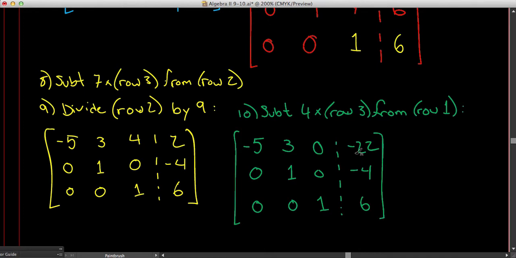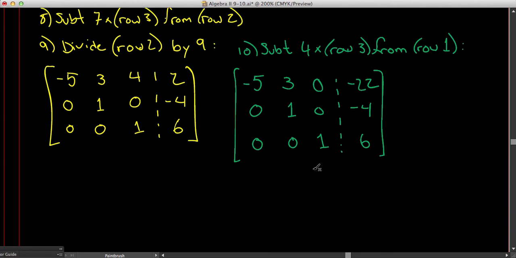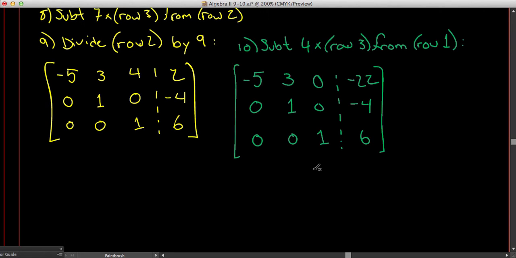Okay, now we can eliminate the 3 because we want a 1 to be where this -5 is, and we want a 0 where this 3 is to get our identity matrix. So to eliminate that 3, we can just multiply our second row by 3 and subtract that from row 1. The other option would be to multiply the second row by -3 and add that to row 1.